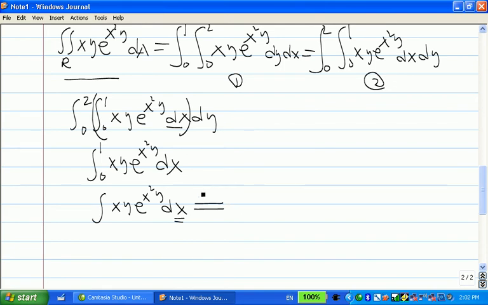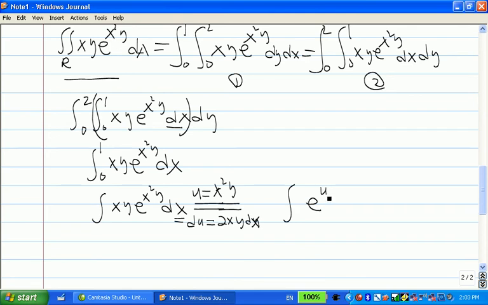For this case, I will try variable substitution. I would let u equal x squared y. Remember, y here is a constant. We treat it as a constant. So your du, with y a constant, gives you 2xy dx. So we'll have this e to the u.